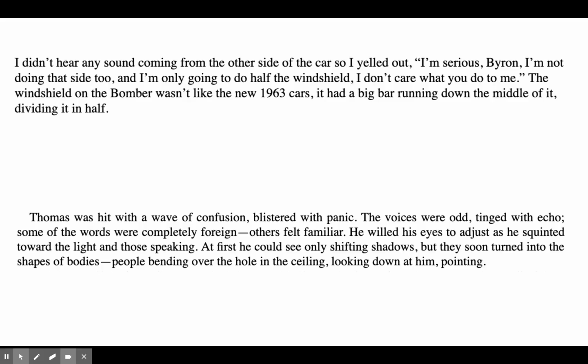At first he could see only shifting shadows, but they soon turned into the shapes of bodies, people bending over the hole in the ceiling, looking down at him, pointing." So I see Thomas. There's no dialogue here. He willed his eyes to open. So he's referred to by his first name, and without dialogue, that tells me that this is third person.